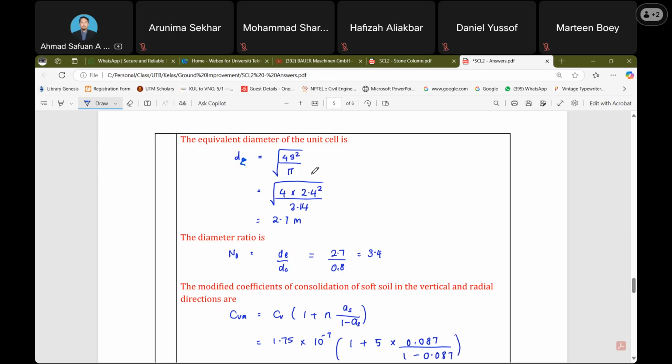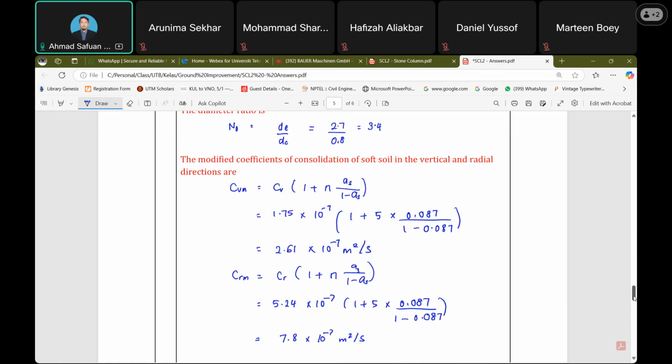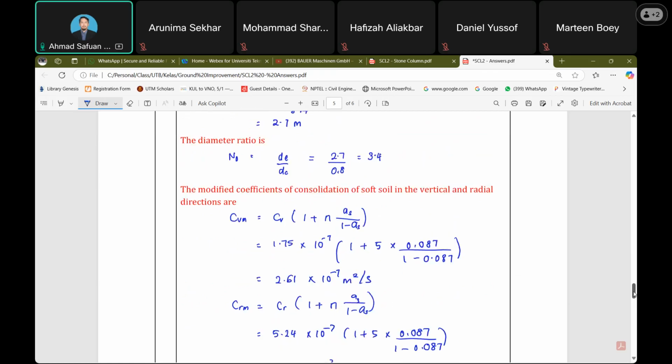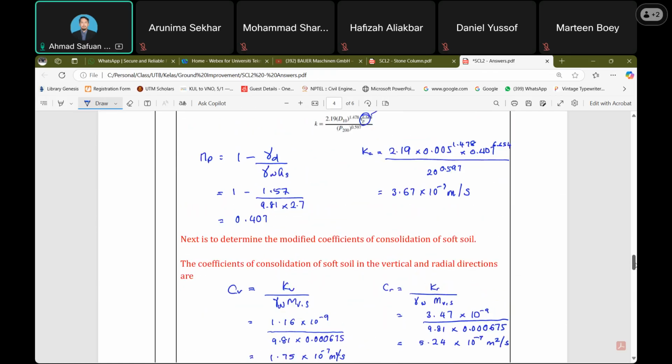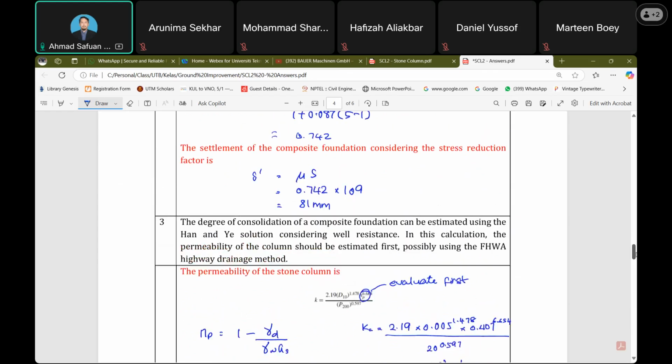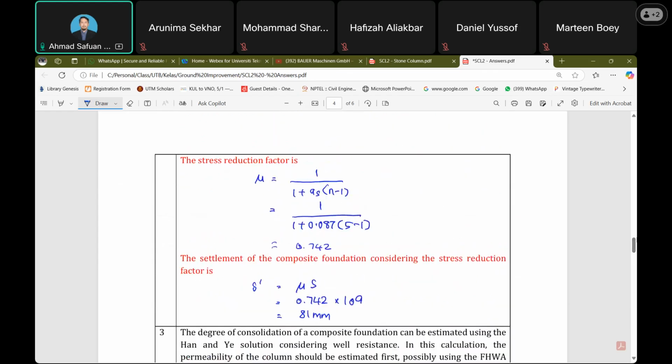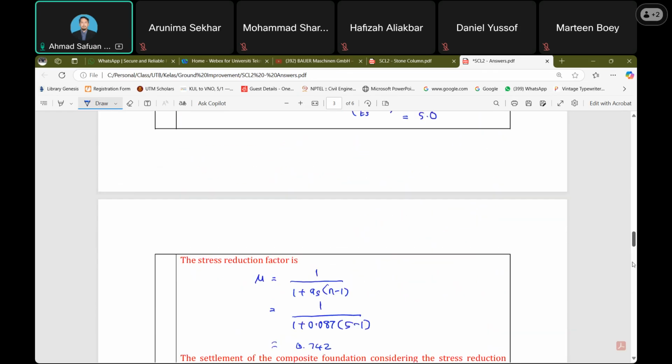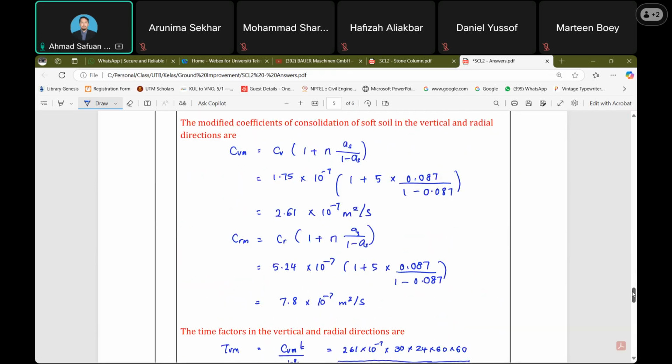So 3.4. Then the modified coefficient of consolidation of soft soil in vertical and radial direction. CV is equal to 1.75 times 10 to the power of negative 7 multiplied by 1 plus 5. Where is 5? 5 is N. We already calculated for the N. Times AS over 1 minus AS.